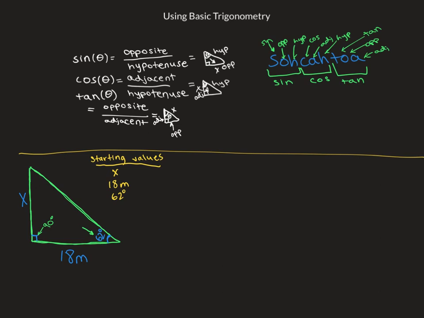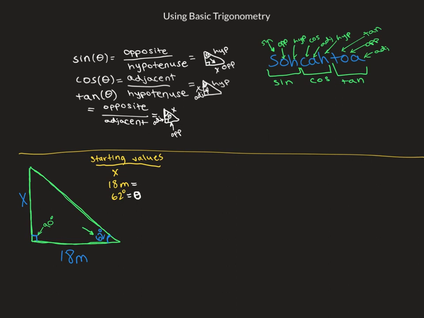So that means our 62 degrees is equal to theta. And knowing that it's theta is important because we can later plug it into one of the formulas that I've written out on the top. Now we have 18 meters, which is one of our legs, and x, which is another one of our legs.